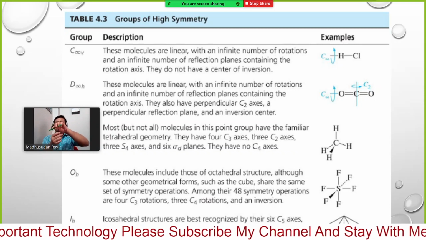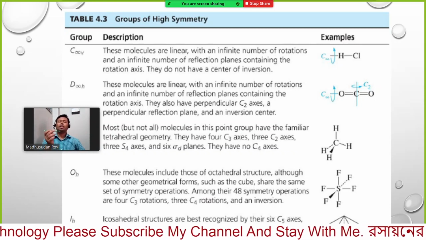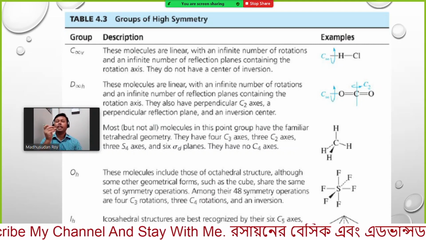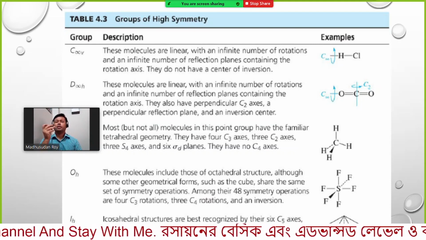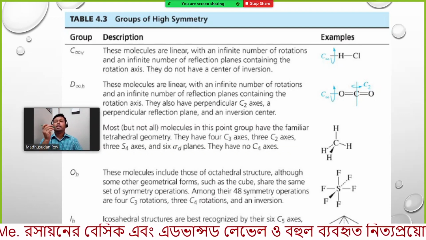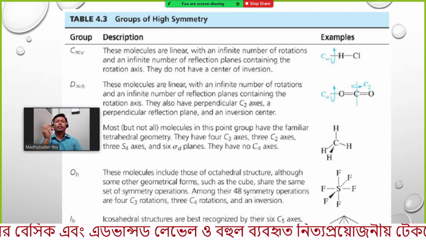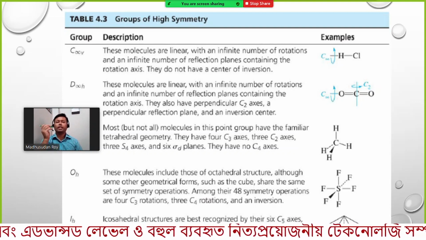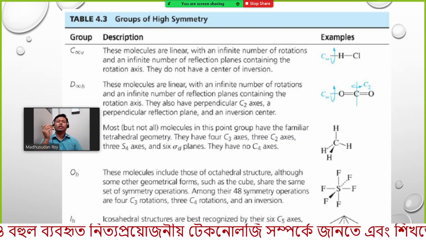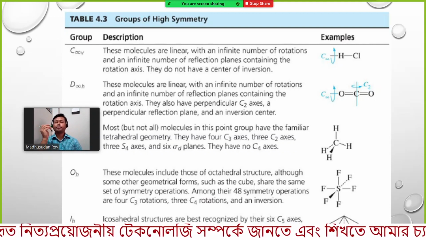So they have inverted, but not exactly giving the identical operation. Therefore they have C infinity v, v for vertical. These molecules are linear, with an infinite number of rotations and reflection planes containing the rotation axis, and no center of inversion.